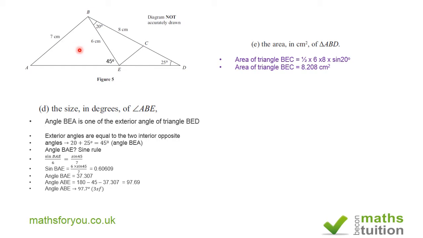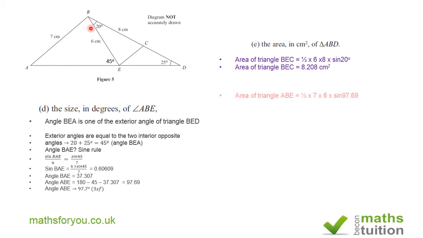Now next, this big triangle there. We know 7. We know the value of side BA. We also know the value of side BE. And we just found the value of angle B there.